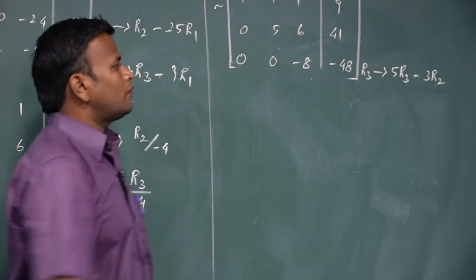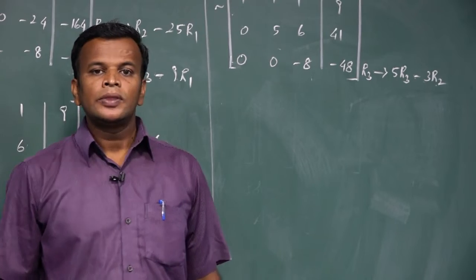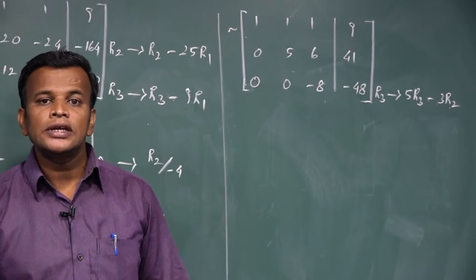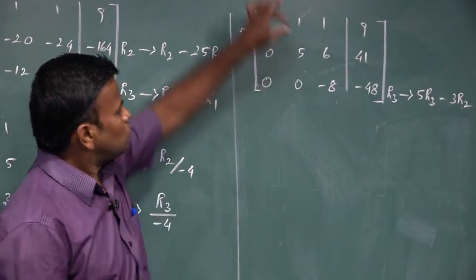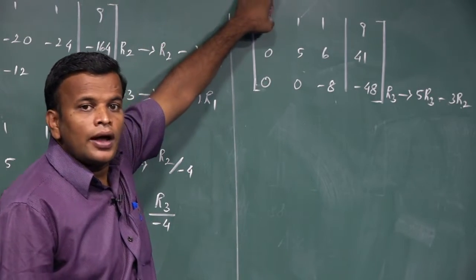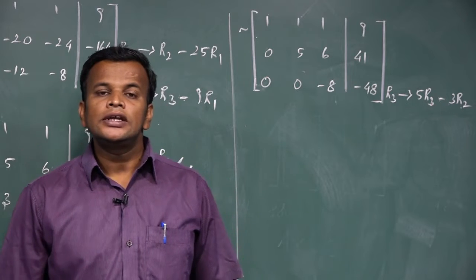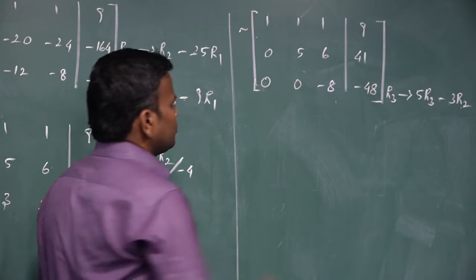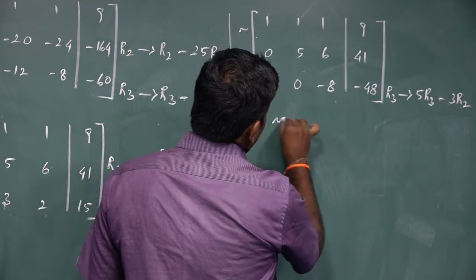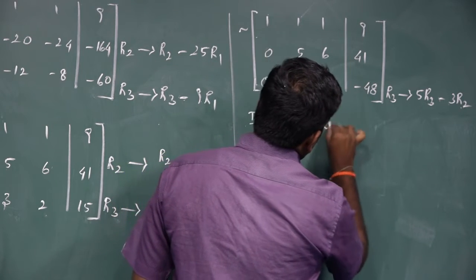What is the name of this matrix form? The name of this matrix form is echelon form. The first row, first column element is non-zero, and at least the triangle shape of elements become 0. So now we write it is in echelon form.